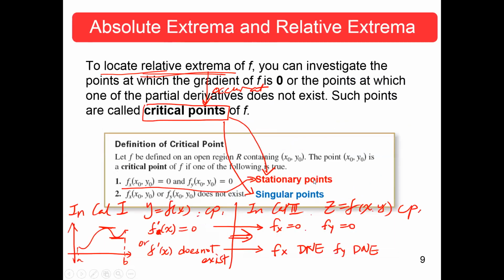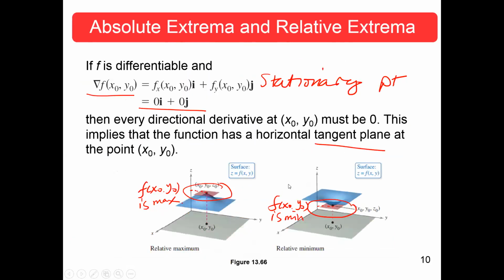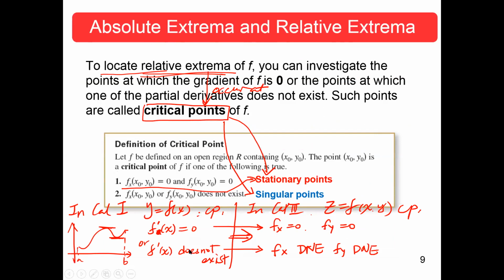Then we talked about the critical points of function f. They're called critical points because they are the locations where relative extrema may occur. There are two types: stationary points, where the gradient is 0, and singular points, where the gradient doesn't exist. These are consistent with what we learned in Calculus 1.